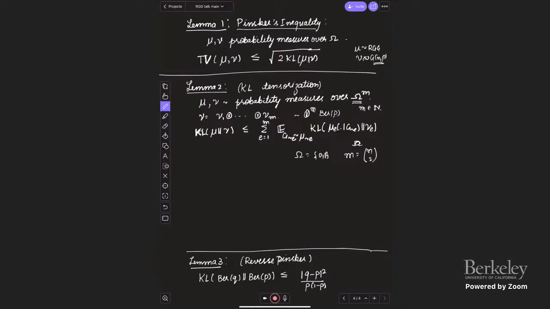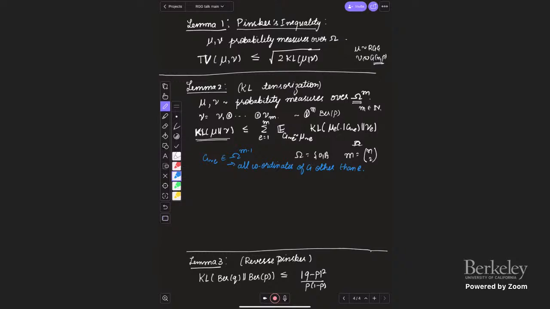Okay, and then we can tensorize KL as follows. That is, KL divergence between mu and nu is less than or equal to this quantity on the RHS. Let me explain the notation here. Here, G tilde E belongs to omega to the m minus 1, which is all coordinates of G other than E. We see this in our context as the rest.